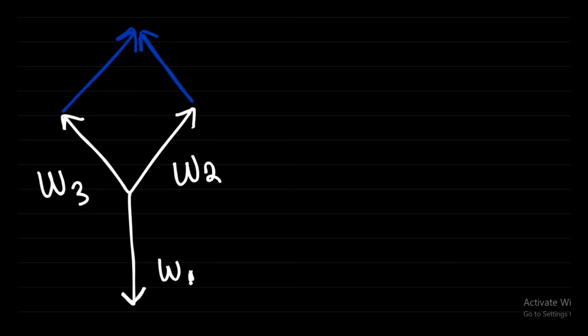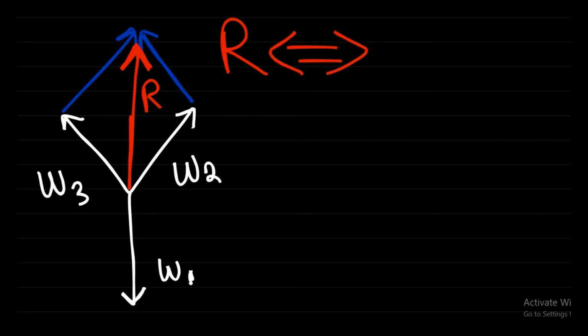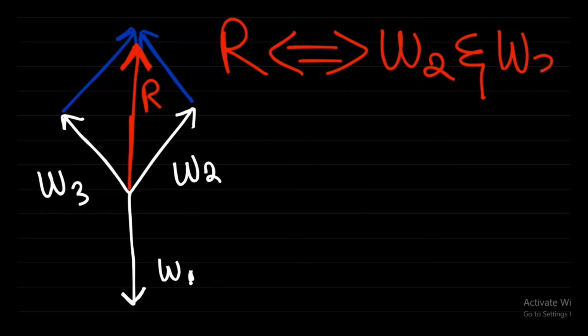on the two forces, you complete a parallelogram and then you represent the resultant of the two forces by a diagonal of the parallelogram. So this will give you R. Keep in mind that this R is the resultant of W2 and W3.